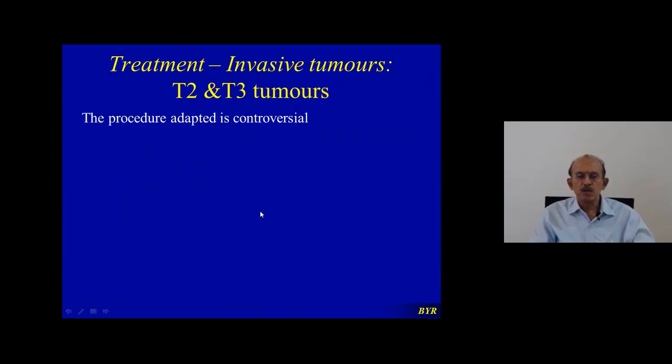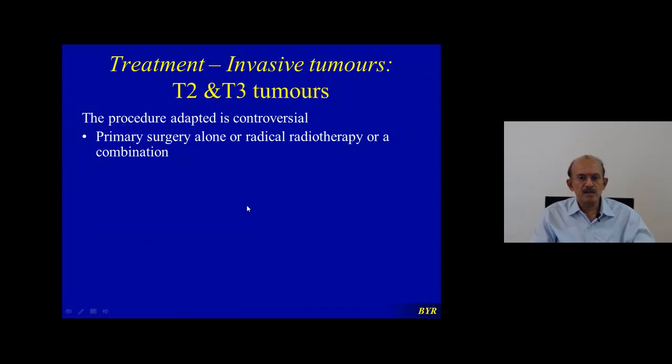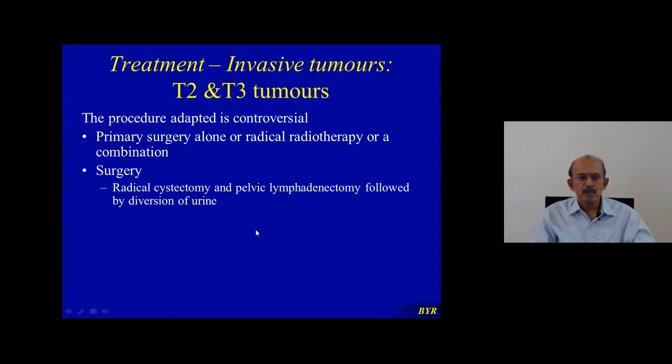For the invasive tumors, that is T2 and T3 tumors, the procedure adopted is controversial: primary surgery alone or radical radiotherapy or a combination. Surgery means radical cystectomy and pelvic lymphadenectomy followed by diversion of urine.